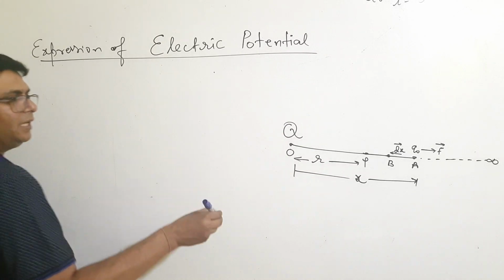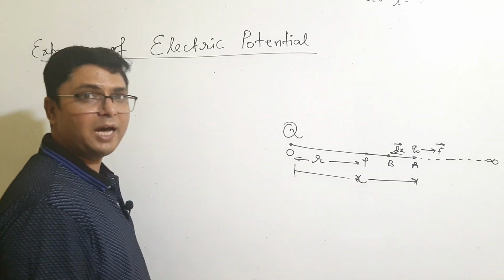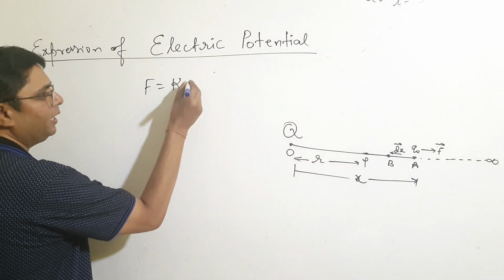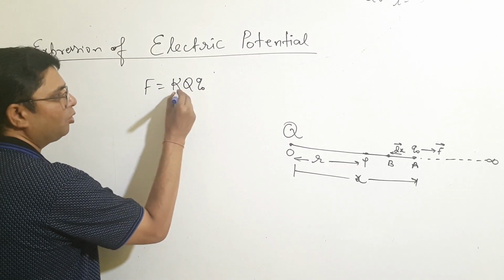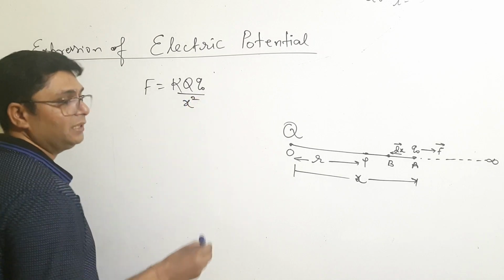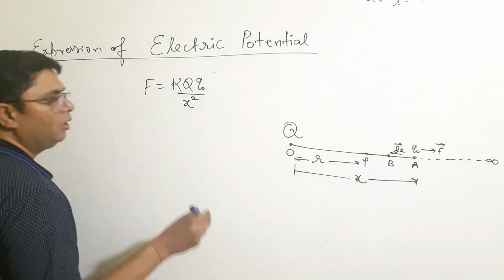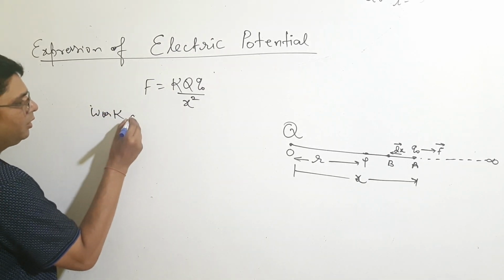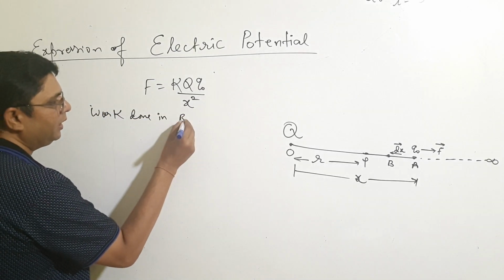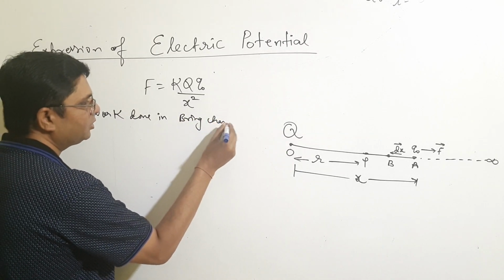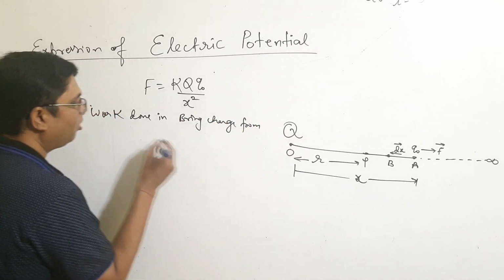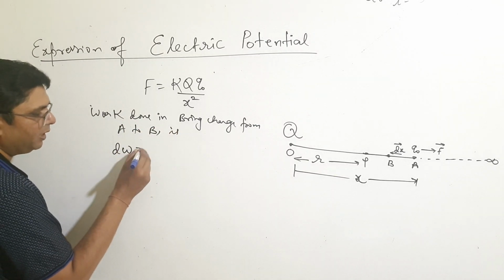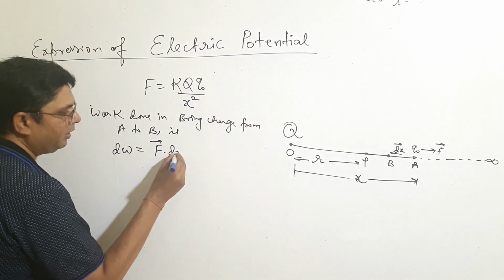So when the charge is at point A, then force F equals K capital Q Q naught upon x square. This is the magnitude of force. So work done in bringing the charge from A to B is dW, a small work, equals F dot dx.